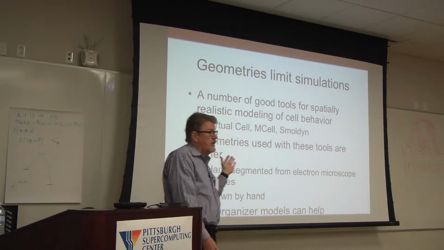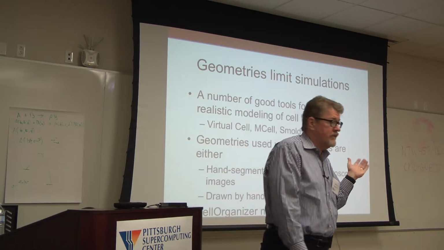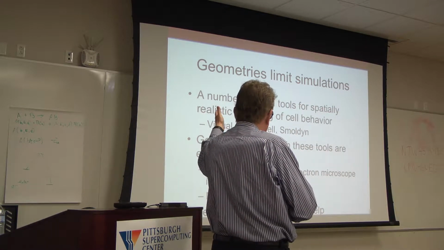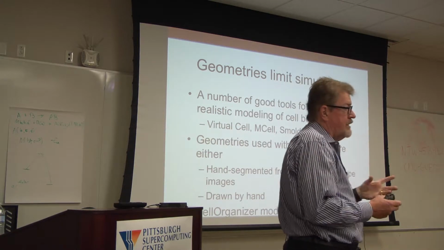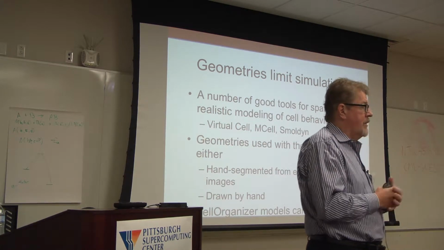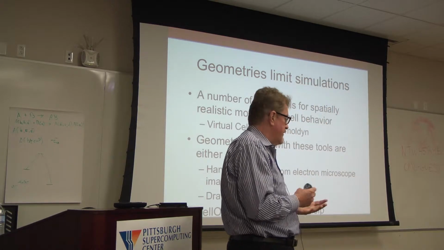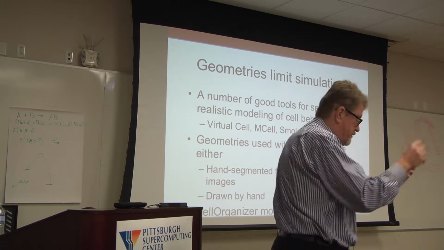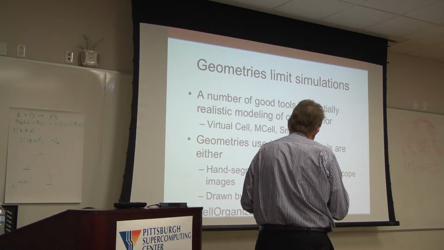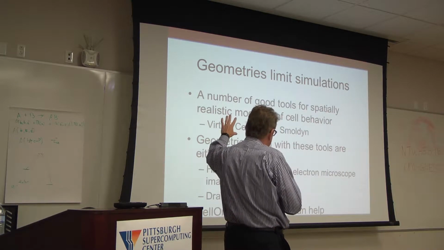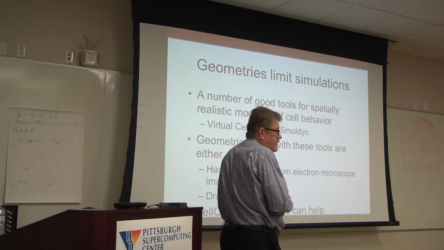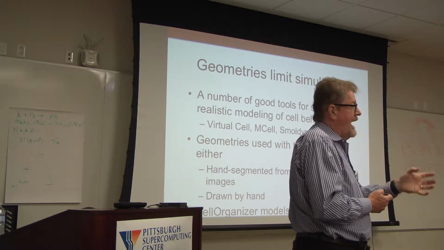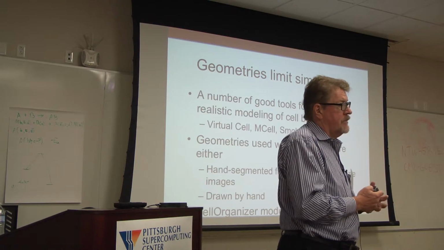But the vast majority of the projects that are done using tools like that, which you've been hearing about for the last 2 days, use geometries that are either hand-segmented from electron microscope images, which is an incredibly painful process, or are drawn by hand, made up by drawing a bunch of things with a drawing tool. And those things dramatically limit the number of geometries that we have available to do spatial cell simulations.